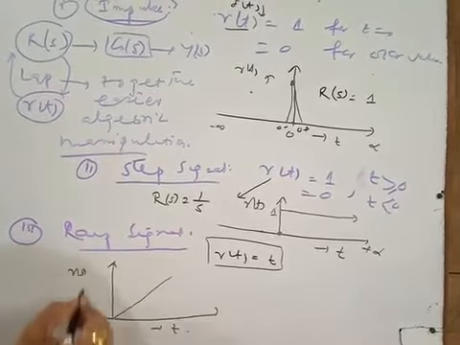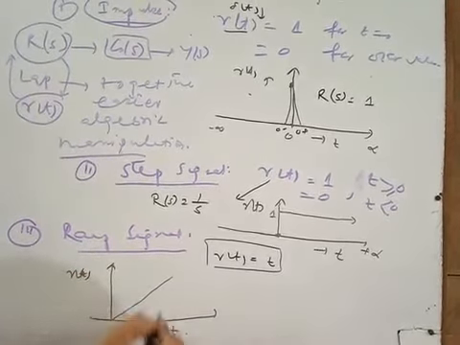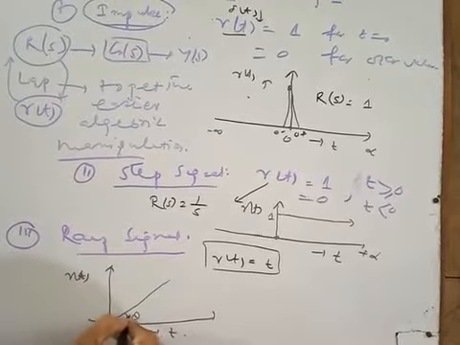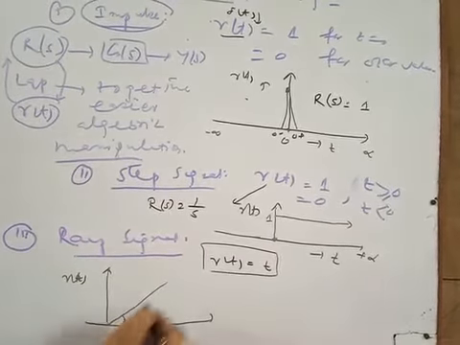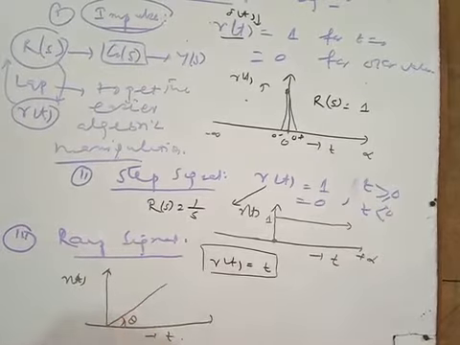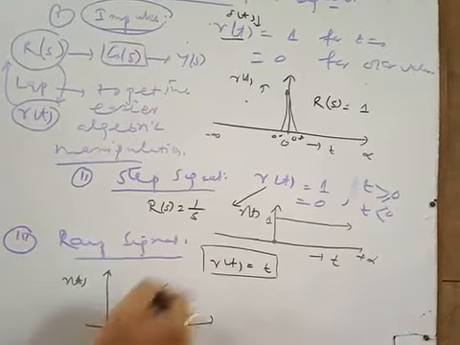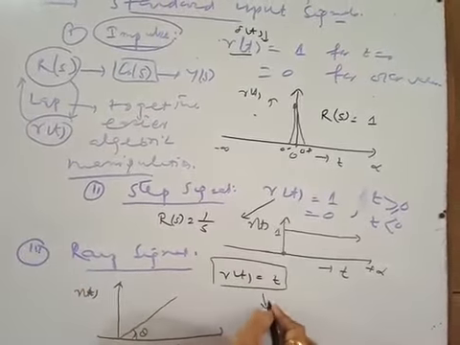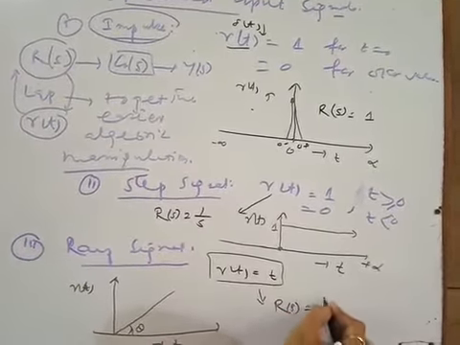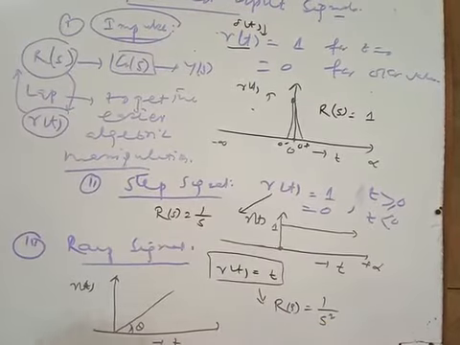That means its r(t) magnitude changes with time like this. So there is a slope, right? That is why this is known as ramp. So r(t) is equal to t, and if you take the Laplace of it, you get 1 by s square.